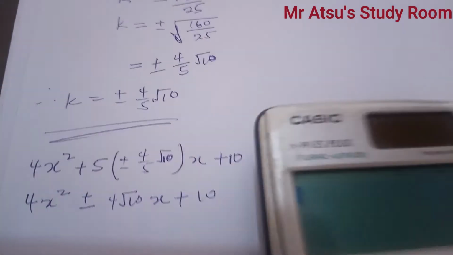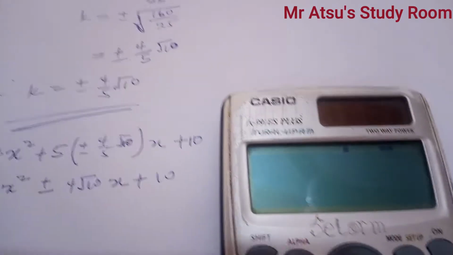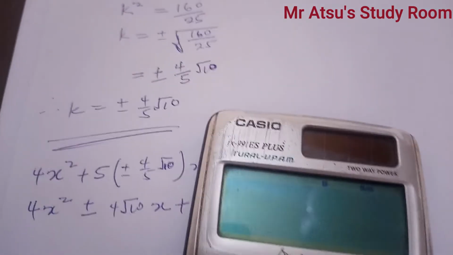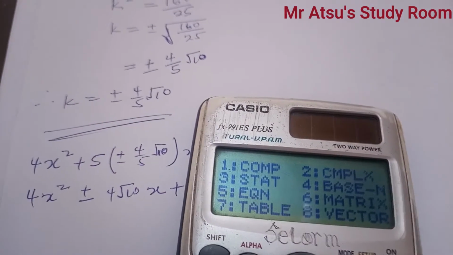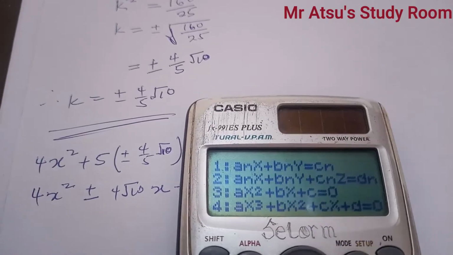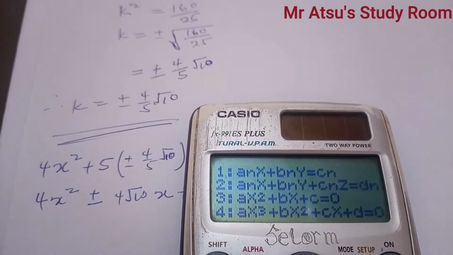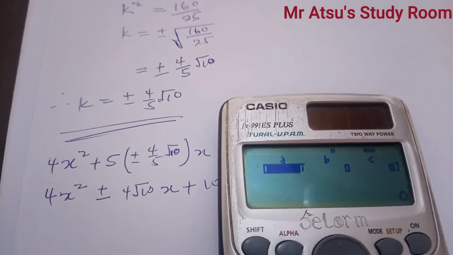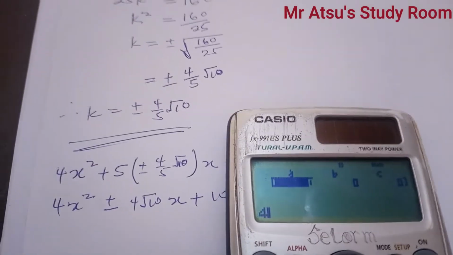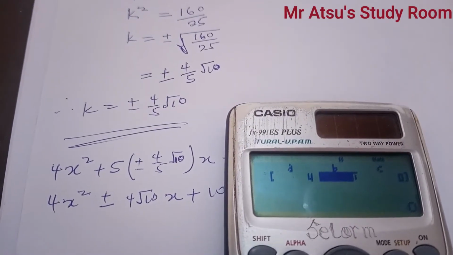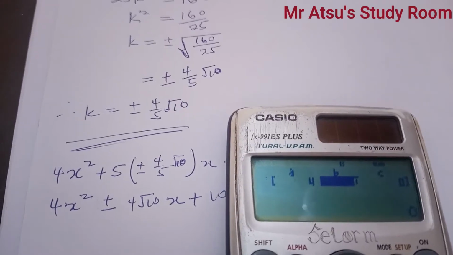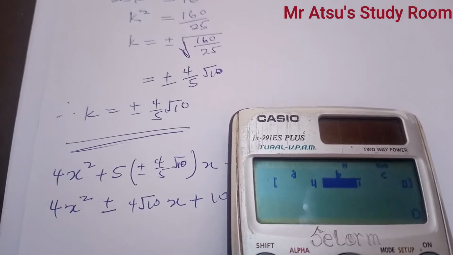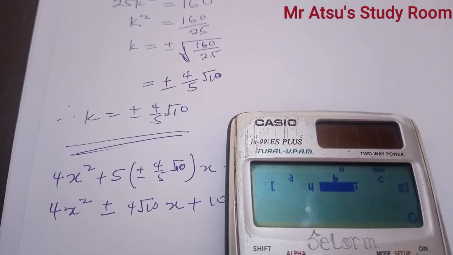So our A is 4. Our B is, let's use a positive first, 4 root 10.